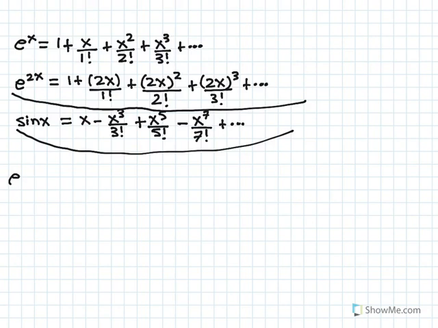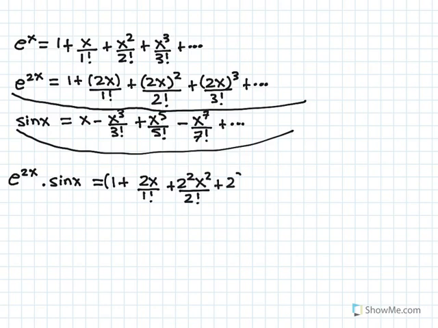So e to the power of 2x times sine x is equal to 1 plus 2x divided by 1 factorial plus 2 squared x squared divided by 2 factorial plus 2 to the power of 3 x cubed divided by 3 factorial and so on.